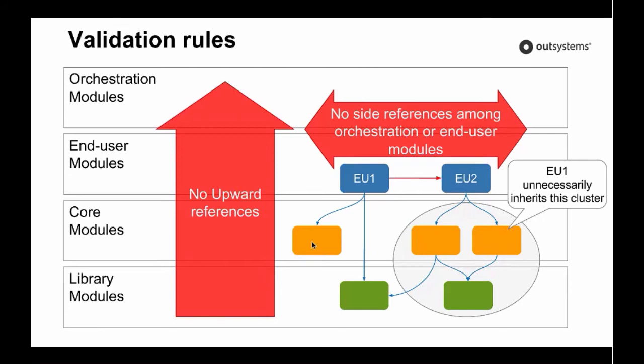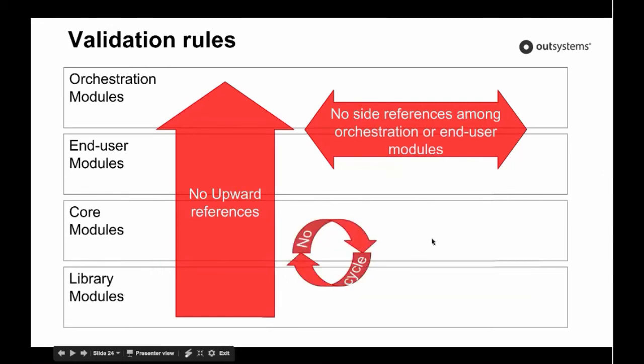Finally, because at the bottom layers we can have side references, this restriction of not having side references is only at the top two layers. But because I can do it in the bottom layers, I just need to make sure that I don't have cycles, okay? So let me just stress this, because people tend to think that cycles are the worst. But the upward references are also creating a cycle.